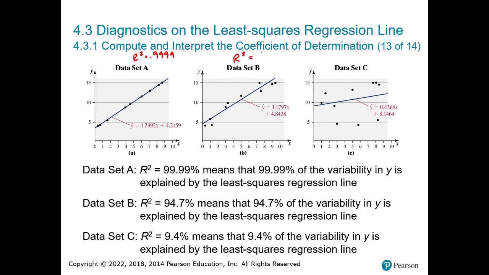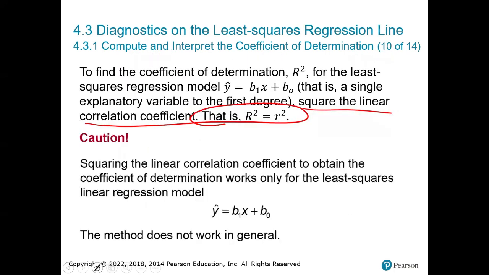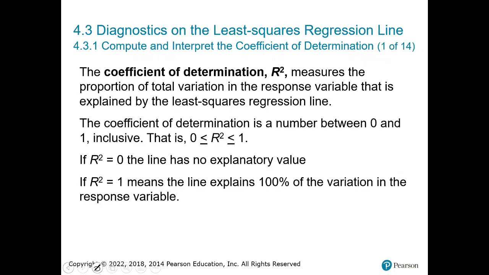This one's R squared is 0.947. This one's R squared is going to be 0.094. Okay, so what we said is it can go anywhere from 0 to 1. And the closer you are to that 1, the line explains the variation in the y's.